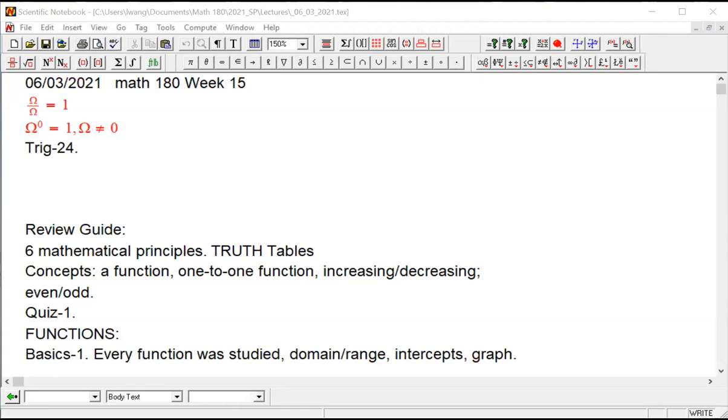Yeah, 121, trig 24. So I'm sorry, which one do you have in mind? I guess just number 1. I just wanted to kind of review what it's all about.